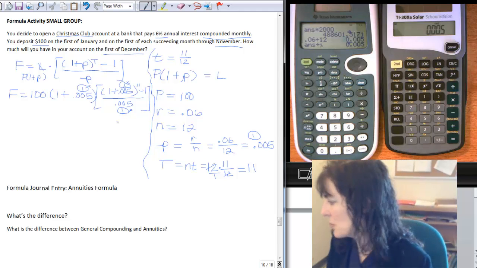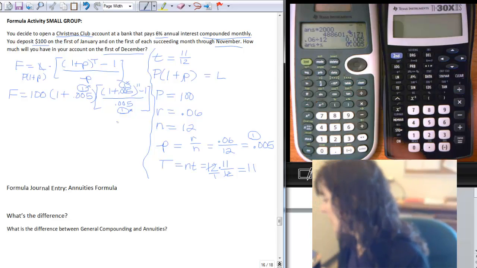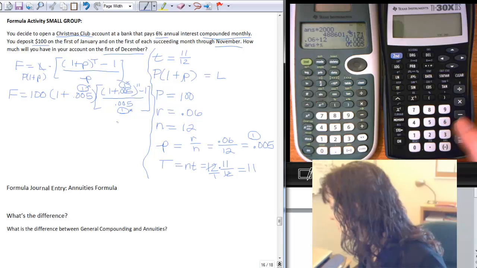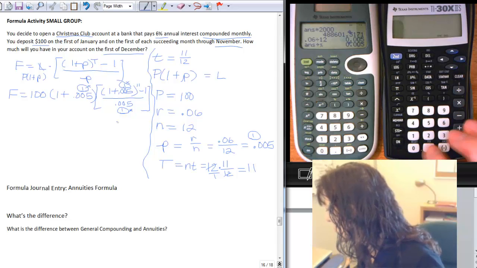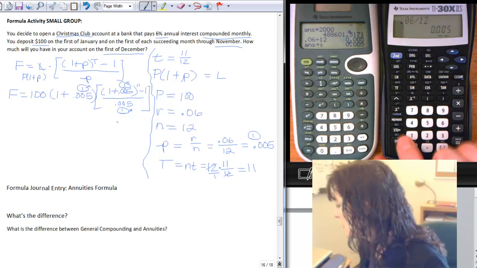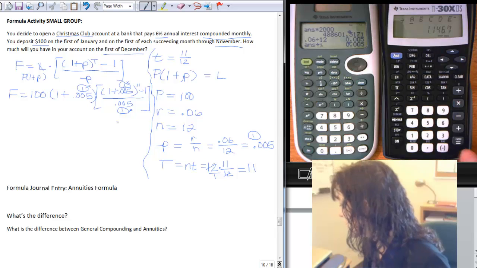Okay, and remember my other calculator. Here it is. Let's start over here, 0.06 divided by 12. Get the 0.005, and then you do store, and then it gives you your choice, A, B, C, whatever.